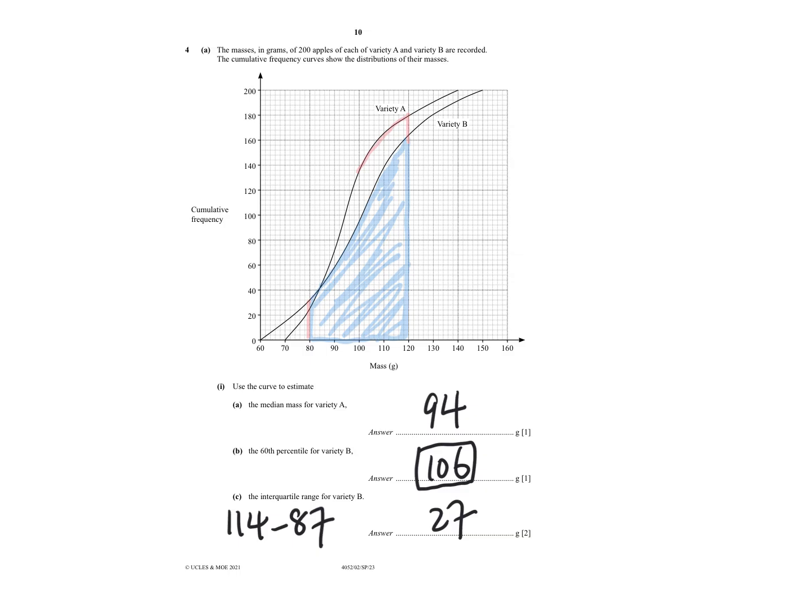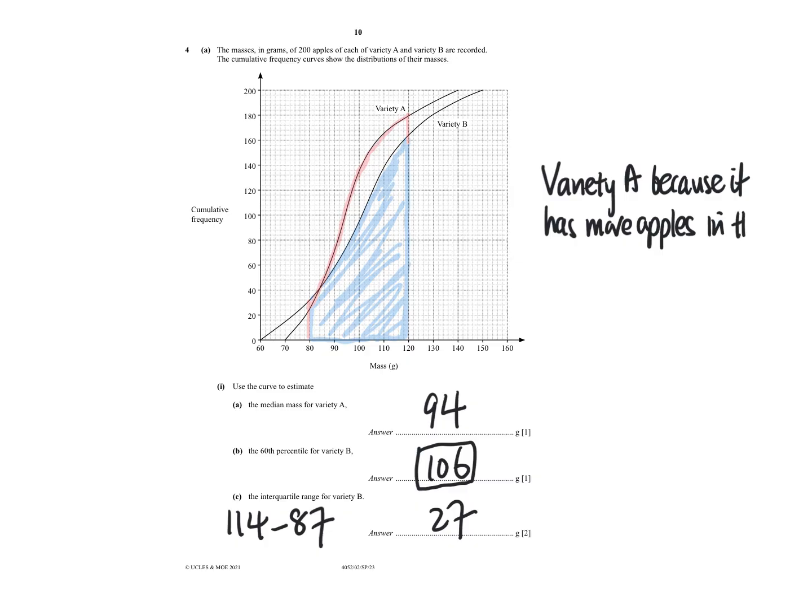Am I reading the right line? Wrong. Here. Okay, so they want to ask which variety you should choose. So you should choose variety A because it has more apples in this range of mass.